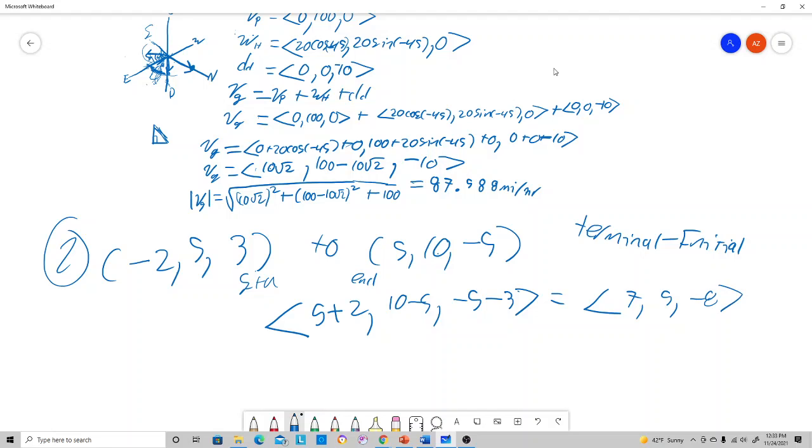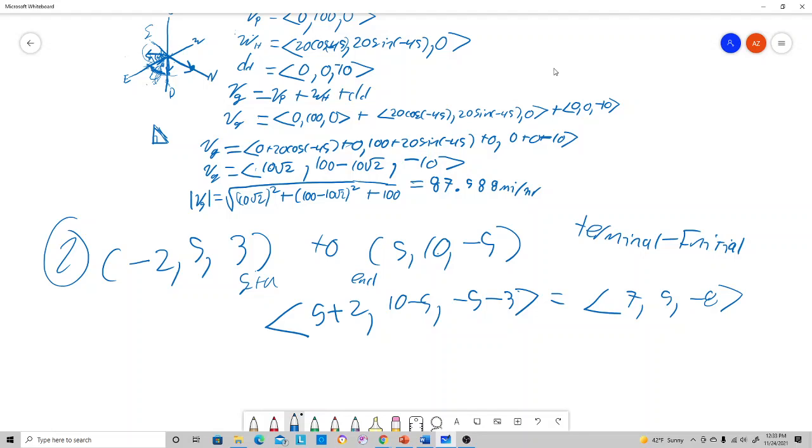Once we have that, that's the vector between those 2 points. Let's say I ask you to turn this vector into a unit vector. So what is a unit vector? A unit vector is one whose magnitude is 1.